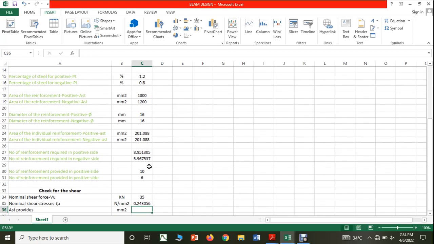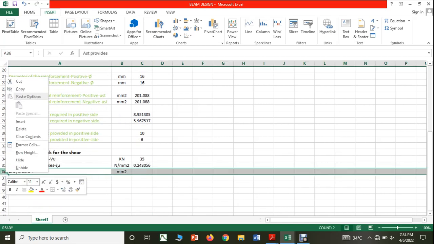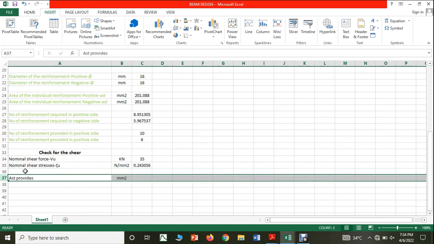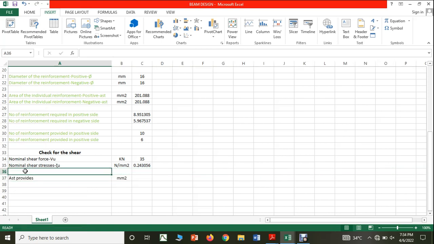In order to find the Ast provided, I have to find the small Ast. So I will cut here and paste here, and write small Ast, which is the area of one bar. That will also be in mm square.